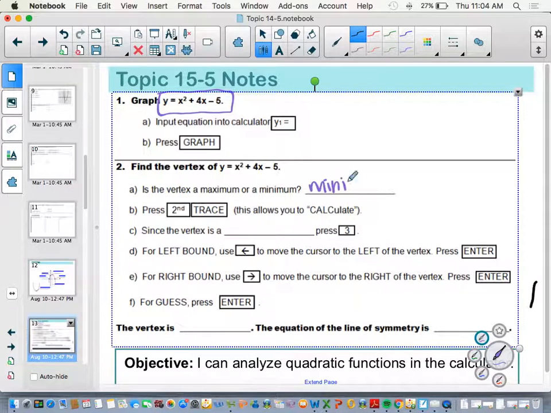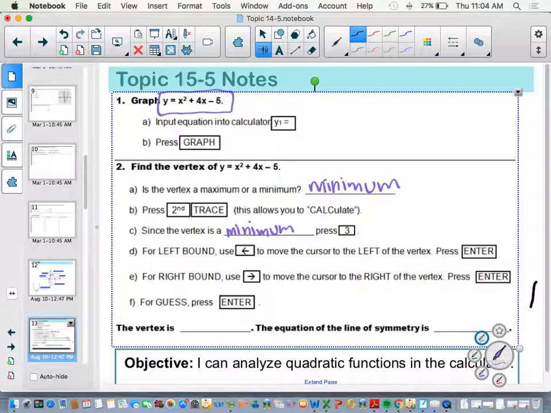Now, I want you to press second trace. That takes you to your calculate menu. Now, since our vertex is a minimum, what do you think you are going to press? 3, which says minimum.